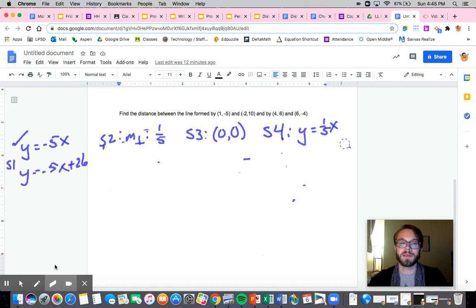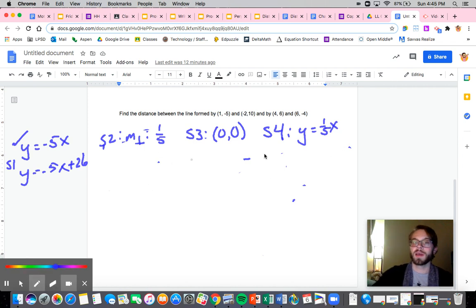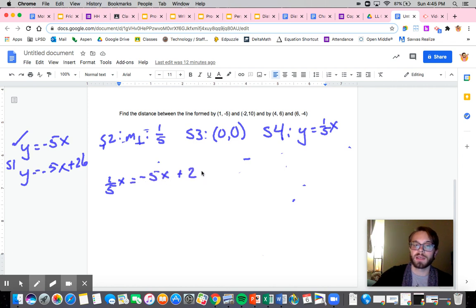Now, I need to find a point of intersection between this line and the other line. Again, I can't use this line. I've already done it. So I'm going to just set them equal to each other and say that 1/5 x is equal to negative 5x plus 26.